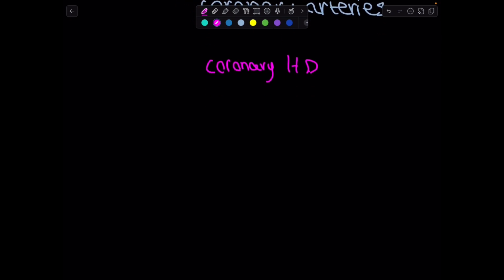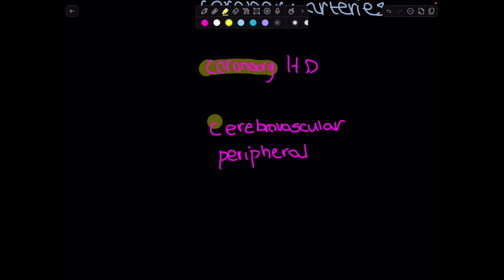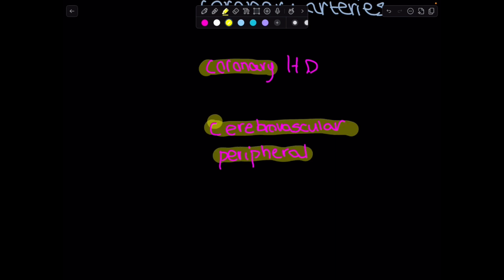So what's the difference between that and cerebrovascular and peripheral? Ischemic heart disease, IHD, cerebrovascular disease, and peripheral artery disease are all caused by atherosclerosis, plaque buildup narrowing arteries, but they affect different vascular beds.